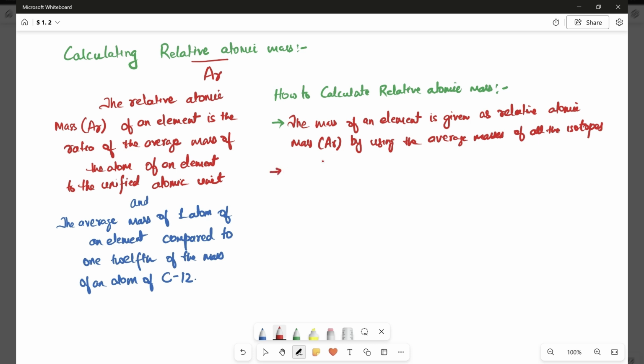Next, the relative atomic mass of an element can be calculated by using percentage abundance, how much they are.